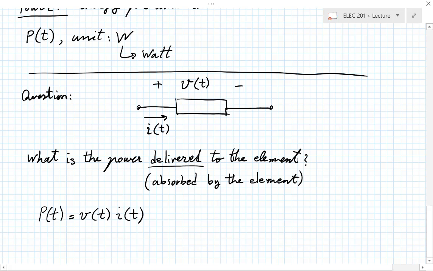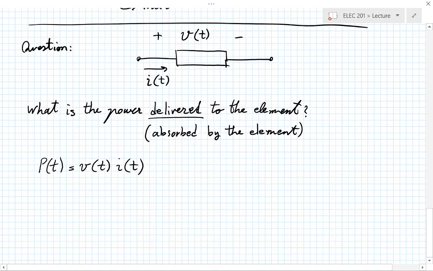Maybe to make it a little more tangible, let's consider this. If I have a voltage difference V between those two points, and I take a charge Q and let it flow between the two ends, from one end to the other, how much energy is delivered to the charge?